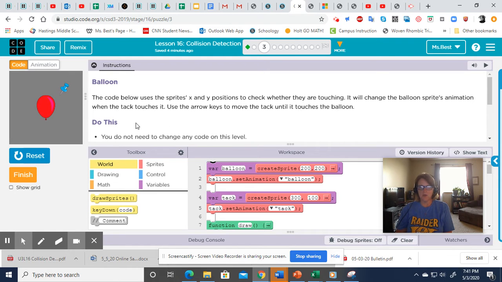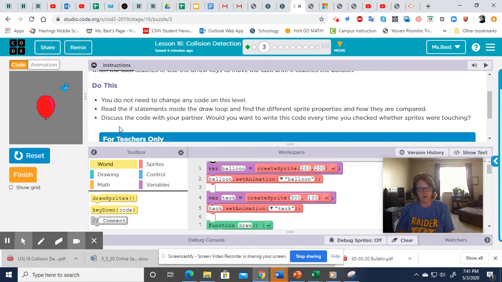They're saying we don't need to change any code. Just read the if statements in the draw loop, find the different sprite properties, how they're compared. All right, so let's just do this. I'm going to run my arrow keys. There's up, right, left, and then finally down. They're kind of pokey, but I'm impatient. So let's see what happens.